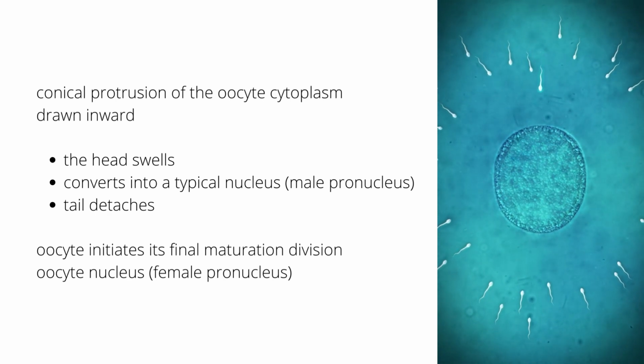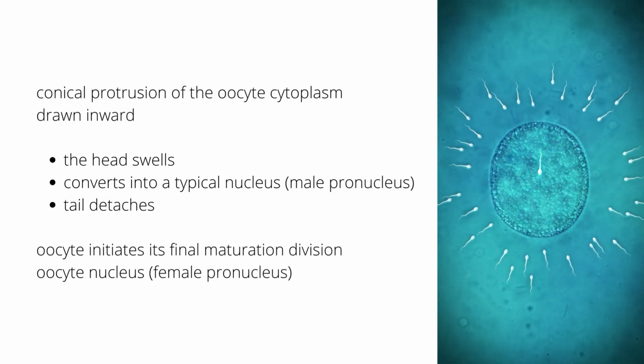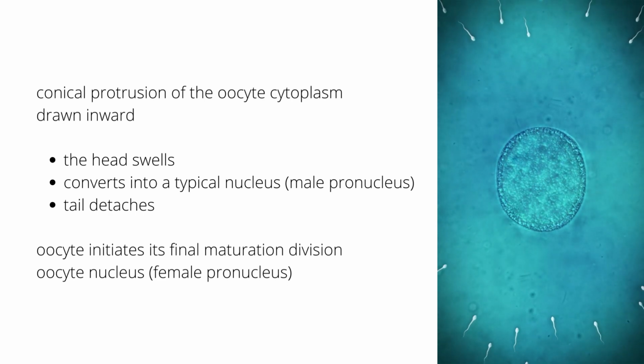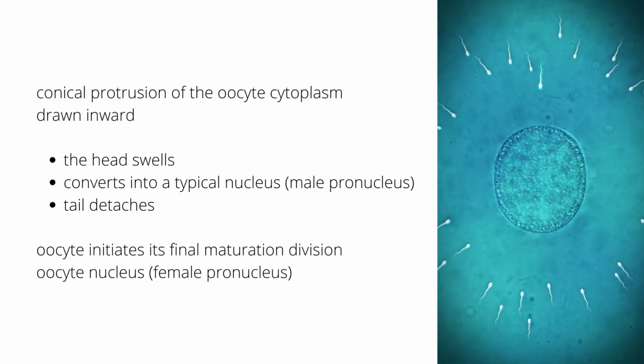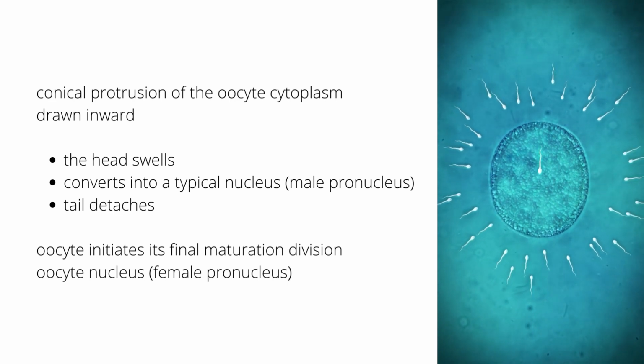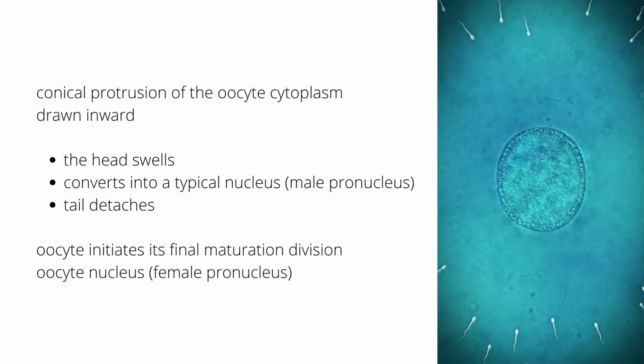Once within the periphery of the oocyte, the sperm advances toward the center of the cytoplasm, and then the head swells and converts into a typical nucleus, which we now call the male pronucleus, and its tail detaches.